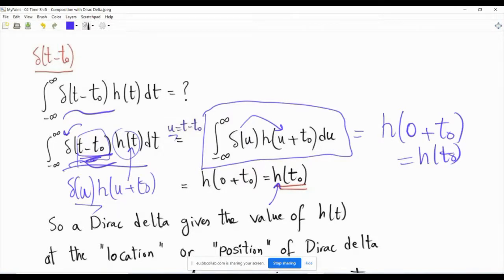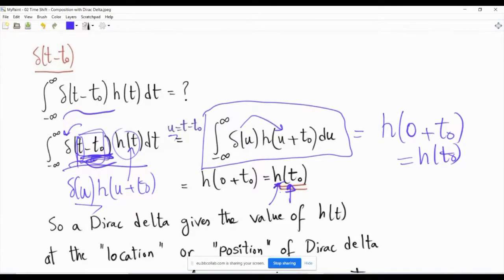So again, it highlights that the position of the Dirac delta is what determines how it behaves in terms of evaluating the function at the position or location of the Dirac delta. And the position or location of the Dirac delta is whatever value of t makes the argument equal to 0. So here, the argument of the Dirac delta is 0 if t is equal to t0, and it is at this value of t that our function h will be evaluated.